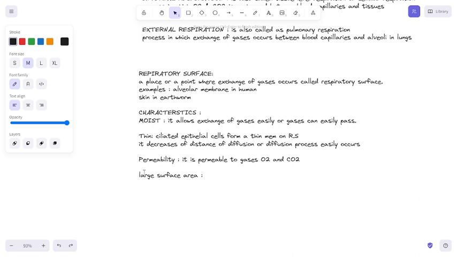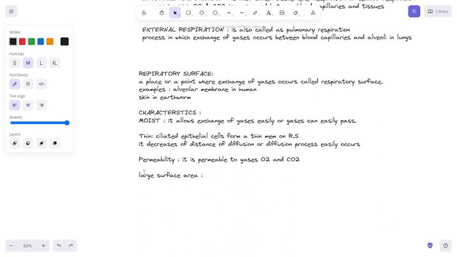If the respiratory surface is large, more gases can be exchanged, in a high quantity. By which more oxygenated blood is available, and we can easily supply oxygenated blood to our organs, by which our body works.